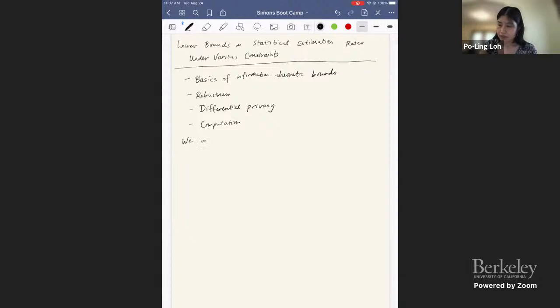So we will focus here on establishing lower bounds and only mention algorithms that achieve the same upper bounds.